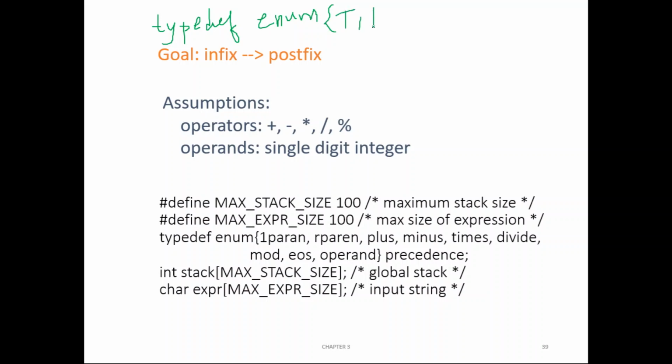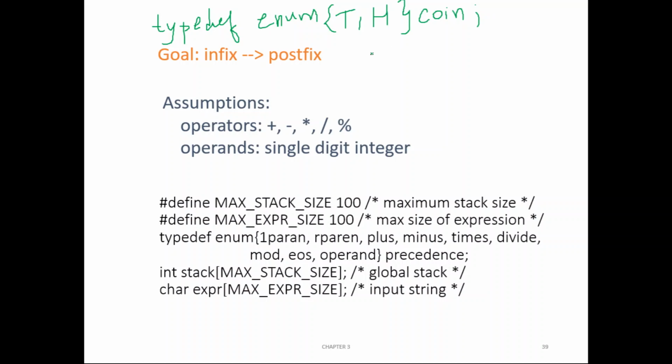Now close the bracket, coin. So if you toss a coin, you will get either head or tail. So now coin is a user defined data type.